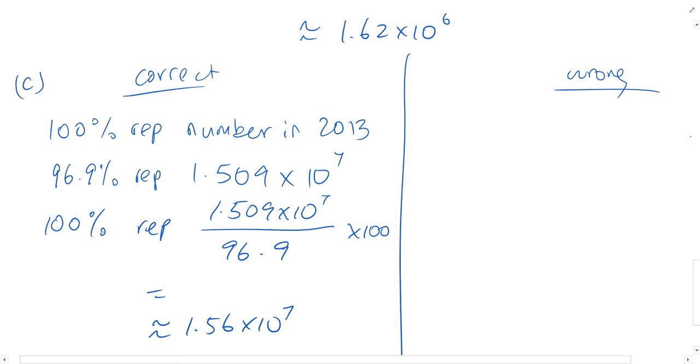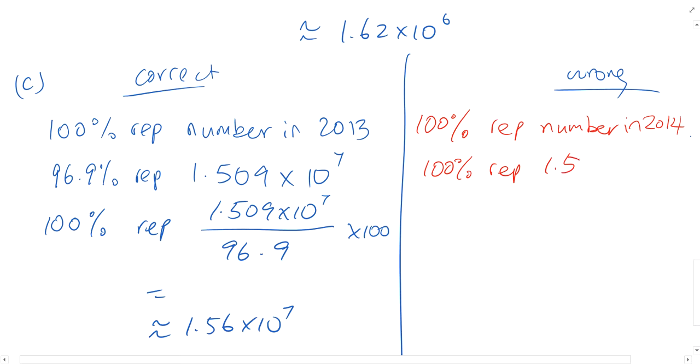Okay? Now, if we do it wrongly, we think that 100% represents number in 2014. If you think this way, then you will have 100% represents, in 2014 it is 1.509 times 10 to the power 7.